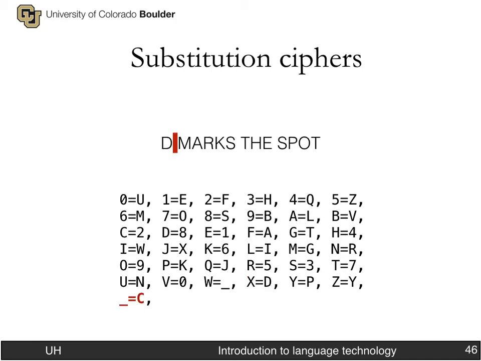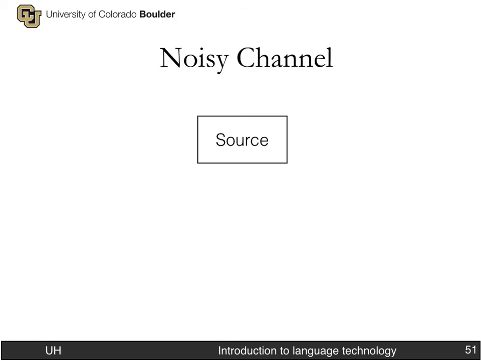And then we have a space, and that's replaced by C. So I'm marking the space with an underscore here. And then M is replaced by a G, and then we go on until the end of the message. And this result looks like total gibberish, right? It's very hard to guess what the original message would be based on this encrypted message.